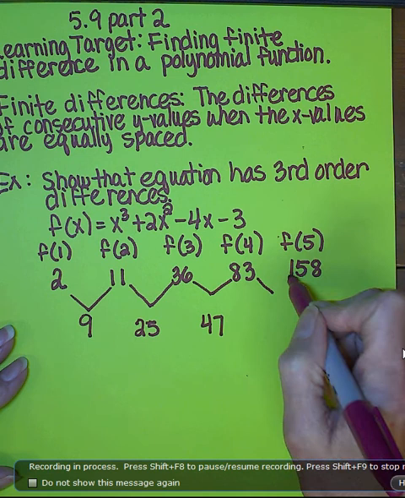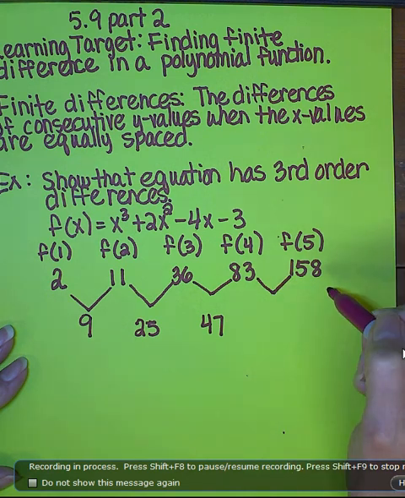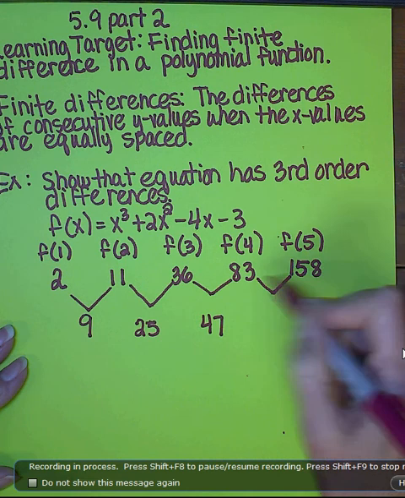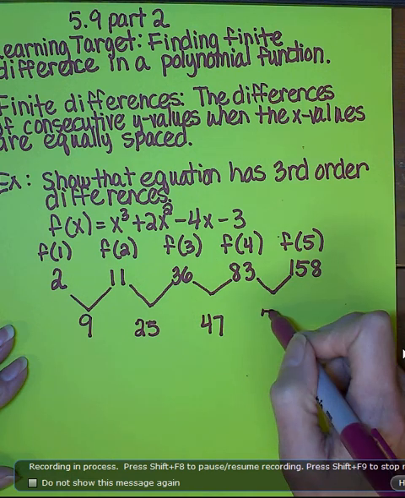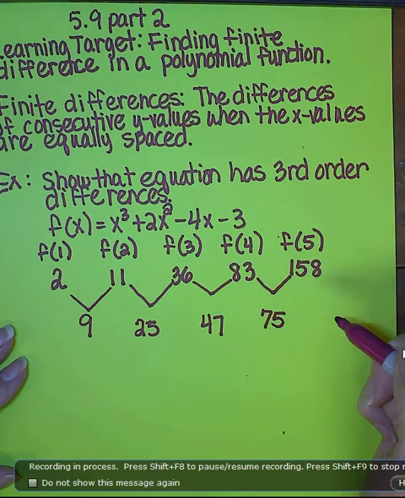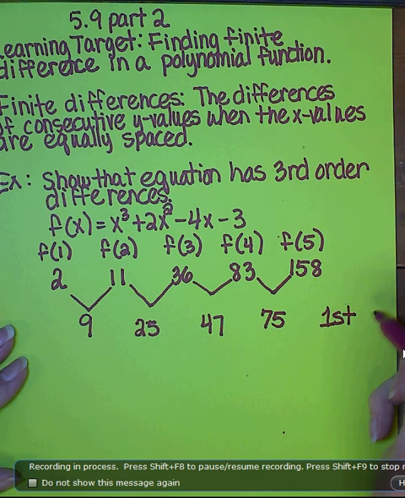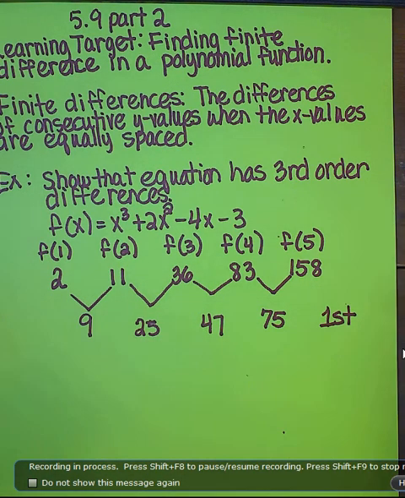And then our last difference, remember difference means subtraction, so that's why I'm subtracting. 158 minus 83 gives me 75. When you do this the very first time, this is called a first order difference. We actually did do these in Algebra 1, when we were trying to write equations for input-output tables.